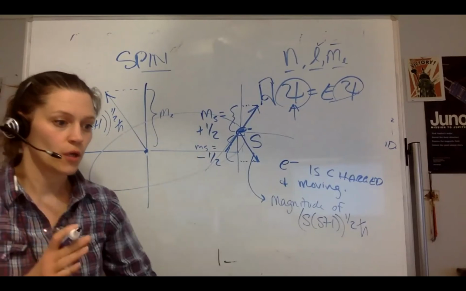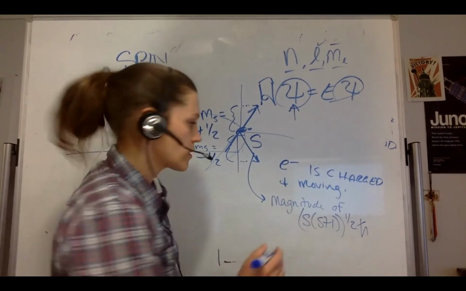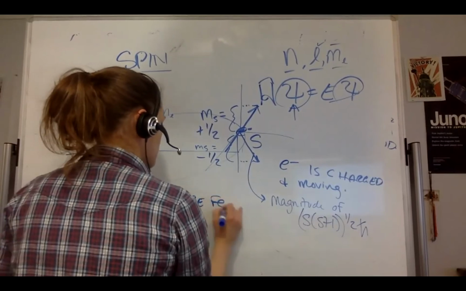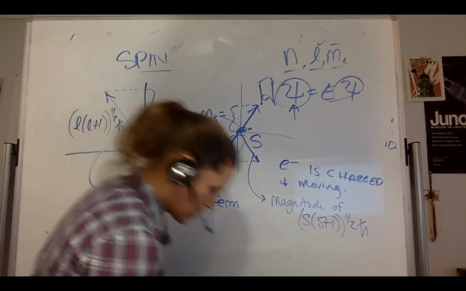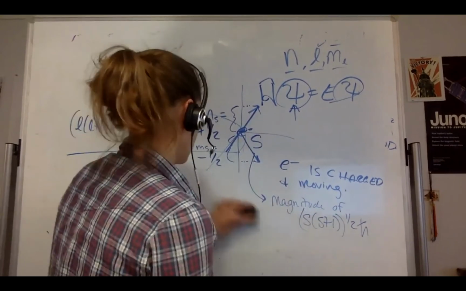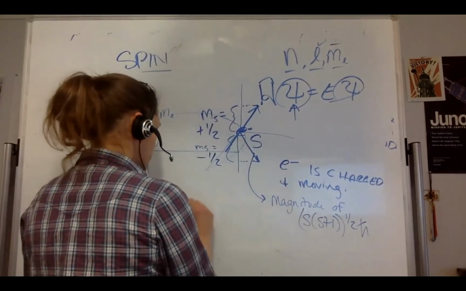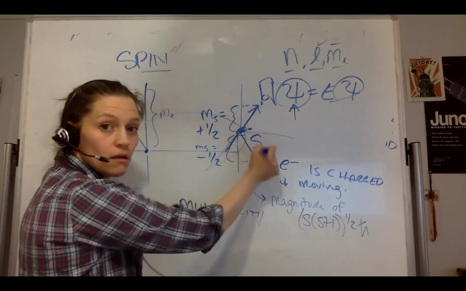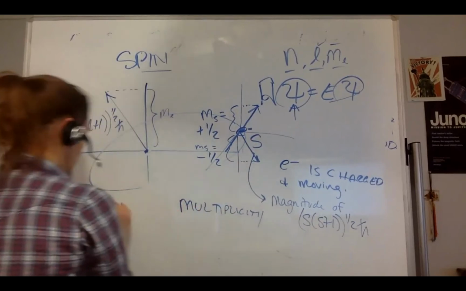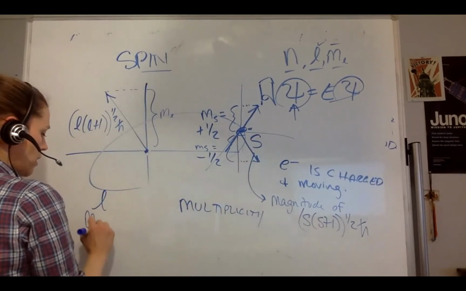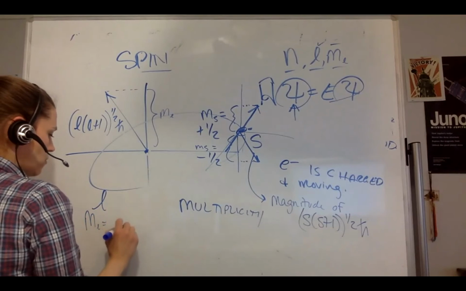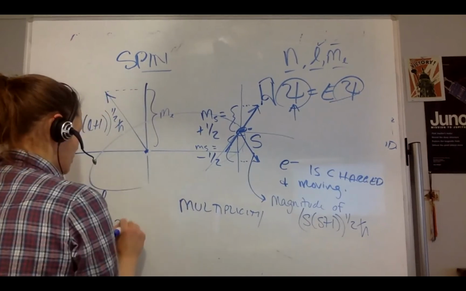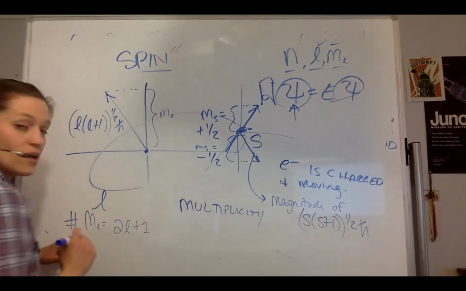Cool? Okay. Other thing before we get into fermions: the multiplicity, which means how many of these there are. For L, 2L plus 1 equals the number of m sub L's.